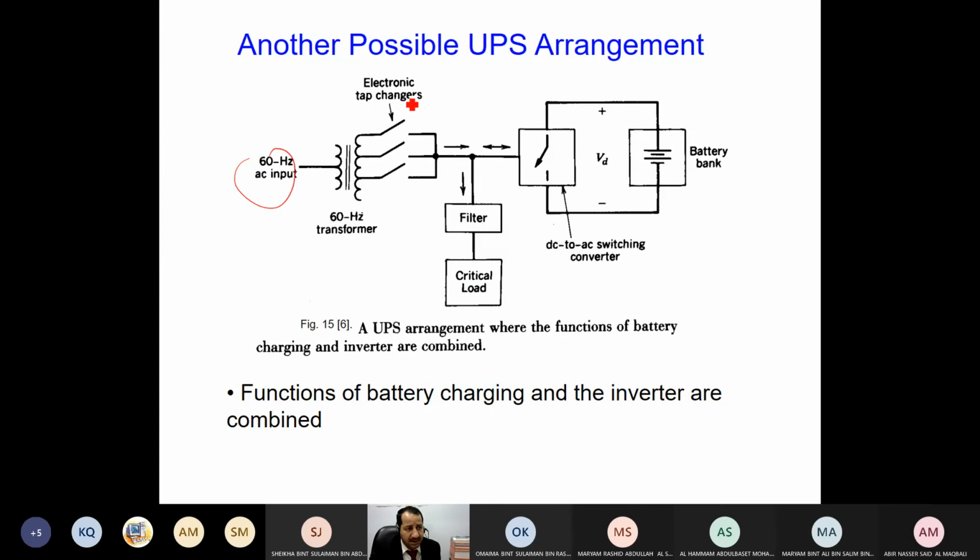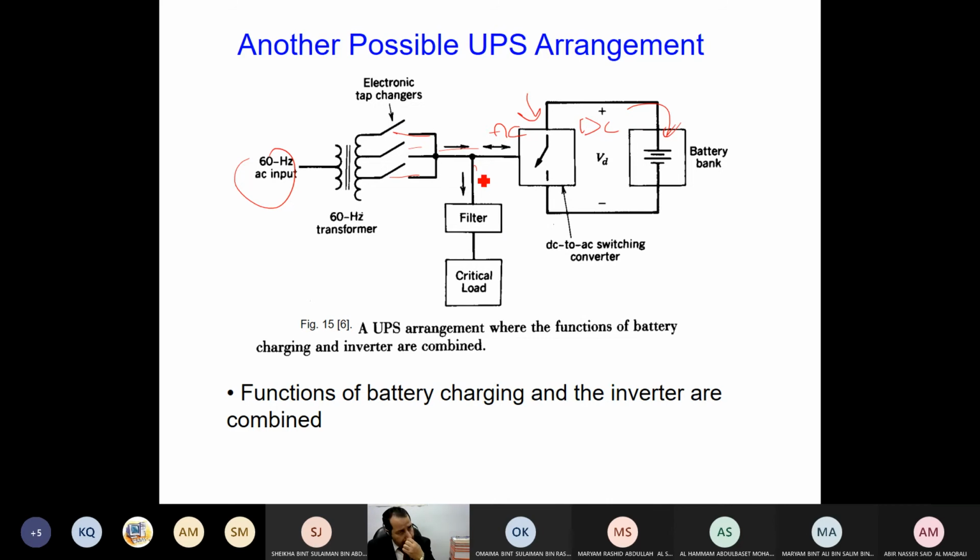We have AC here, an electronic tap changer between switches controlled by signals. When it's connected, this switch mode power supply converter will convert the AC coming from here into DC to charge the battery.